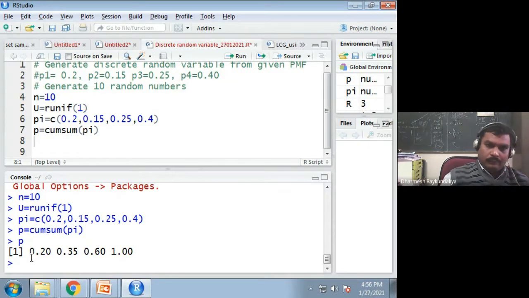So now what do we have to do? Generate uniform random numbers as per this concept. So now I will generate uniform random numbers here.